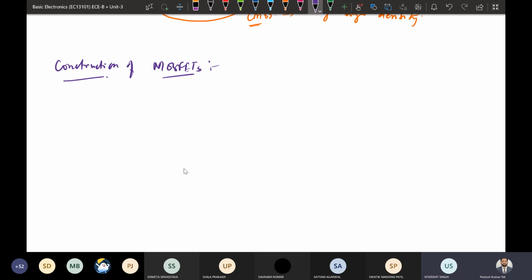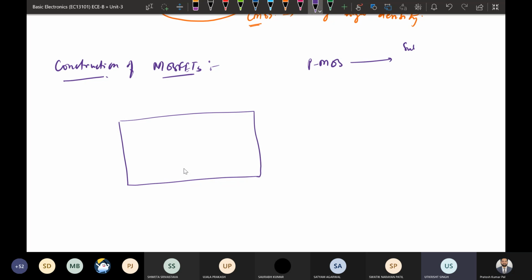The basic fabrication steps are like this: we will first take a substrate. Suppose we want to fabricate a PMOS, then the substrate that we will be taking is of N type.